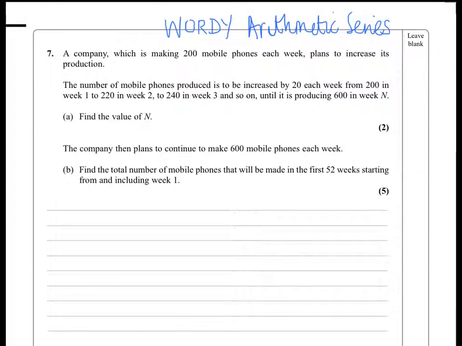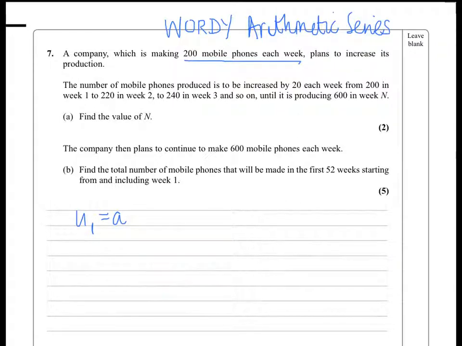Right, we've got a company producing 200 mobile phones each week, and the plans to increase. So I've got to think about everything I know about an arithmetic series. Without even looking at what's been asked of me, I know that u1 is equal to a.